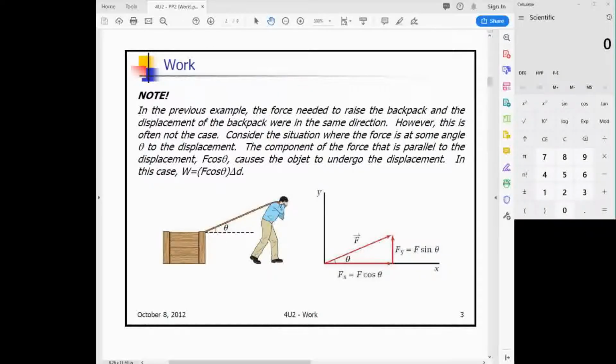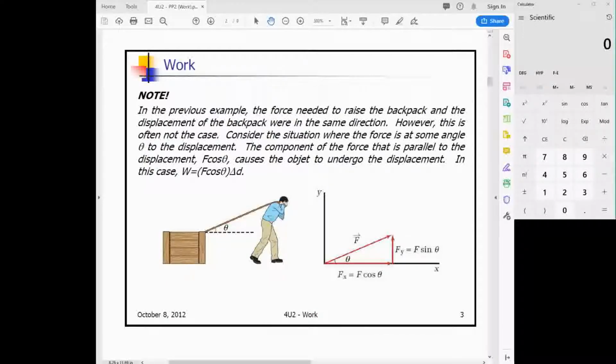So also, when we're looking at work, we're only interested in the force that is acting in the direction of the movement. So here we have a person pulling at a crate using a rope that's angled. The only part of the force that they're applying that does work is the Fx in this case.